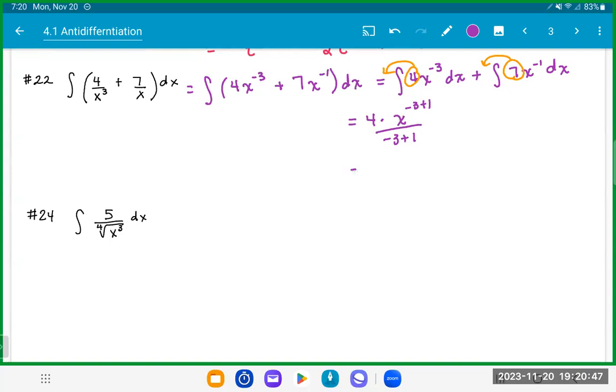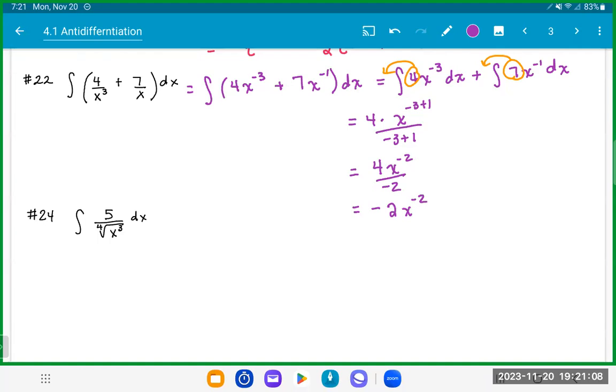And so we can simplify this as 4x to the negative 2 over negative 2. We can simplify that one more time to be negative 2x to the negative 2.